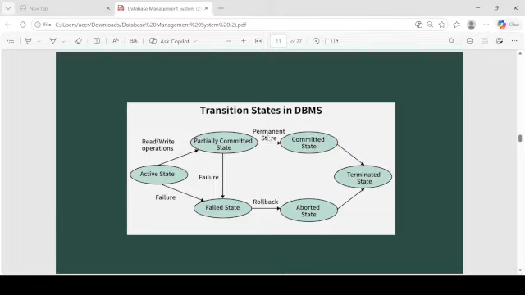Otherwise, we make it permanent, we move to the permanent store, the committed state, where the transaction becomes successful. If we are in the failed state, a rollback occurs and we move to the aborted state. If you are in the committed state or aborted state, the last state is the terminated state, where the transaction is terminated. So this is the life cycle. This diagram is very important.